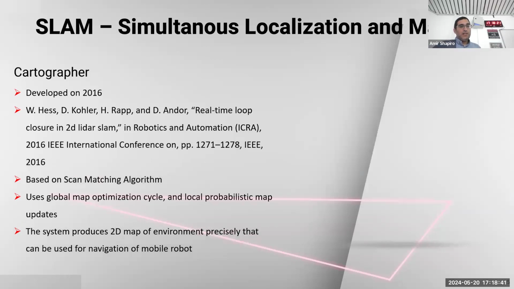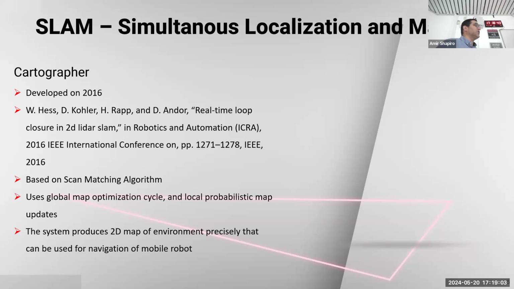But after a while, Google introduced the Cartographer in 2016, and this is actually the most up-to-date package for ROS navigation.